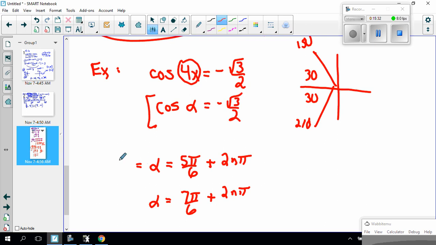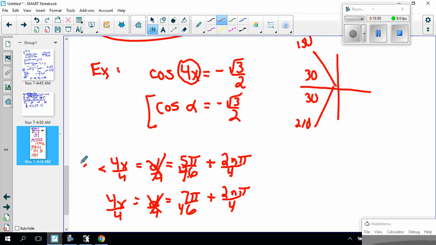Now, with the 4x, divide by 4. Dividing by 4 and multiplying by 1/4 is the same thing. I'm going to multiply by 1/4. And nobody cares about the alphas. You're the one that created it.